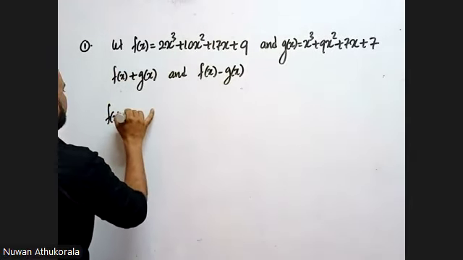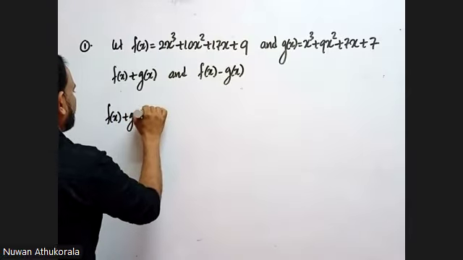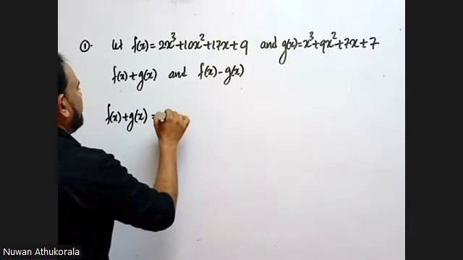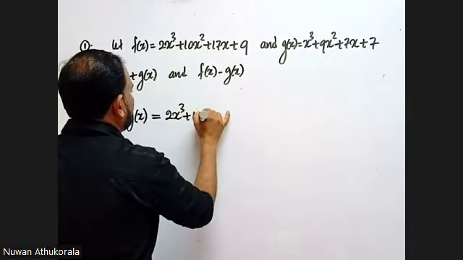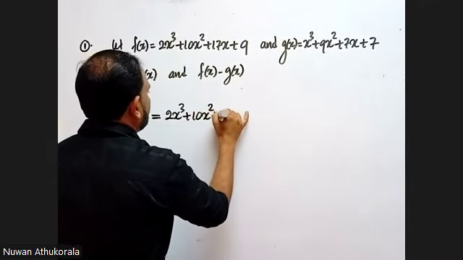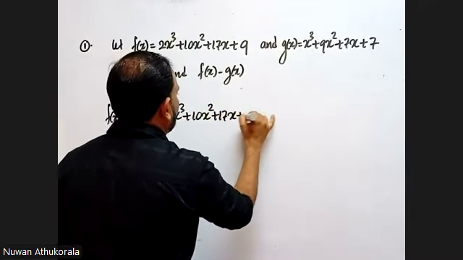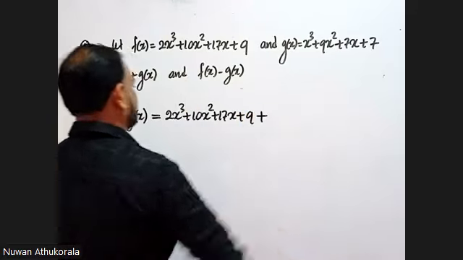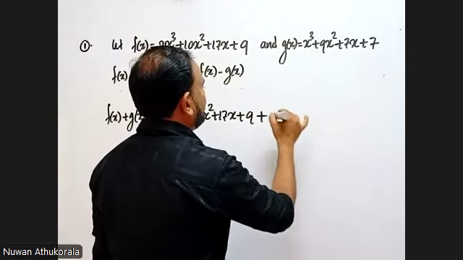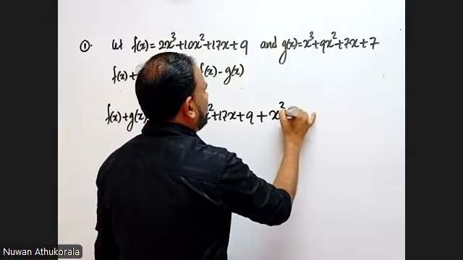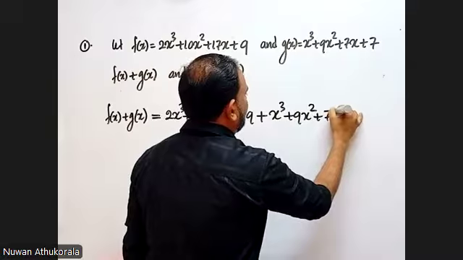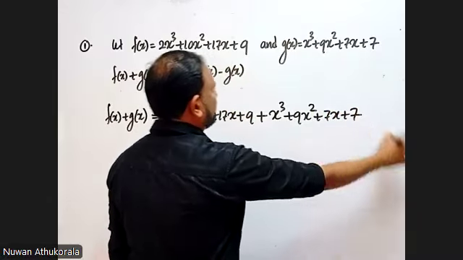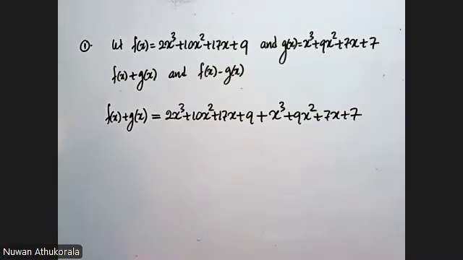f(x) plus g(x) equals 2x cubed plus 10x squared plus 17x plus 9, plus the function g(x), x cubed plus 9x squared plus 7x plus 7, right?